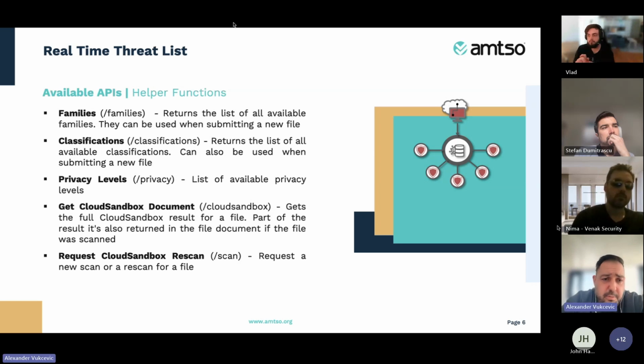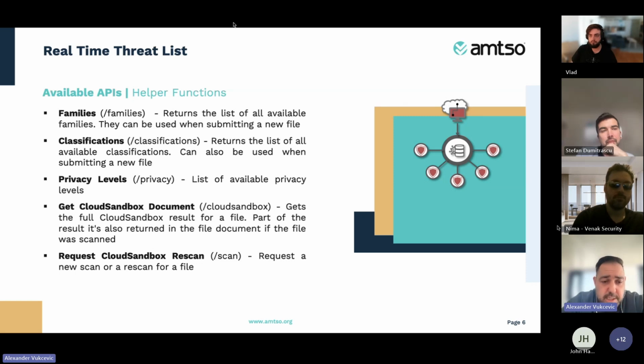Some general helper functionalities on the APIs: you can do lookups for specific malware families, for classifications, and you can list what types of privacy levels we're currently hosting in RTTL. As I said, you can use the full cloud sandbox functionality, where you can upload a sample, push it directly to the sandbox, and receive or wait for the answer, the JSON report.